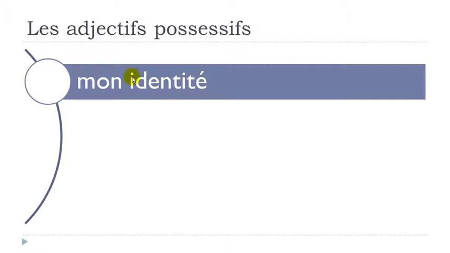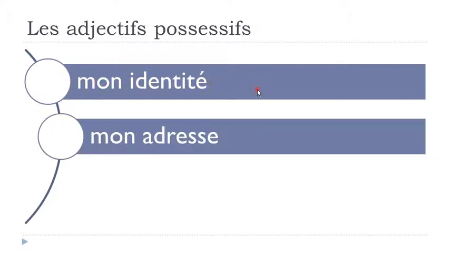So for that reason, we put the masculine adjectif possessif. So remember, with feminine words that start with a vowel like I here, identité, you will have to use les adjectifs possessifs masculins, so the masculine form. So it goes like mon identité, so my identity, mon identité.